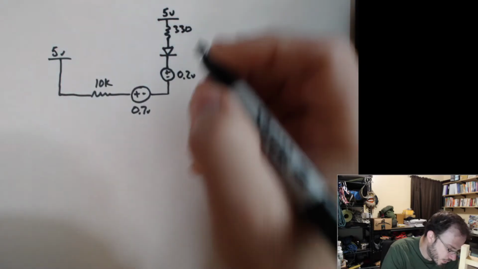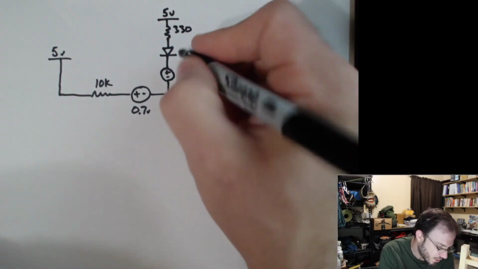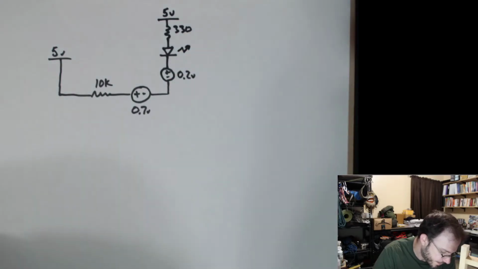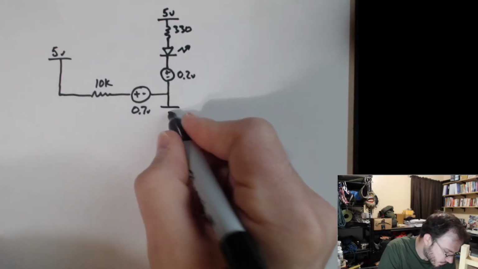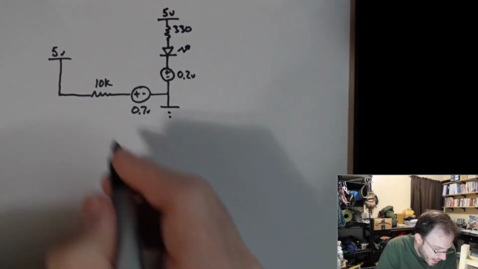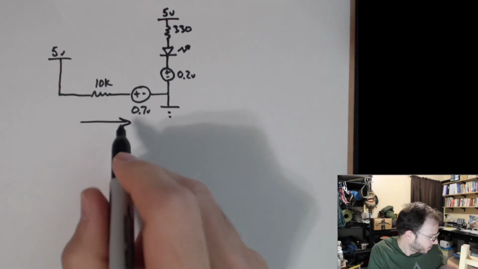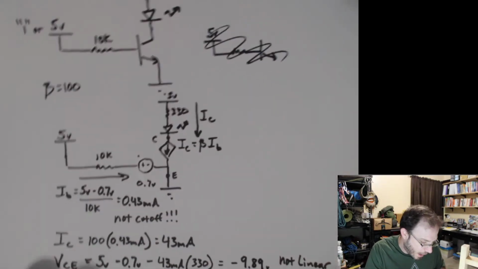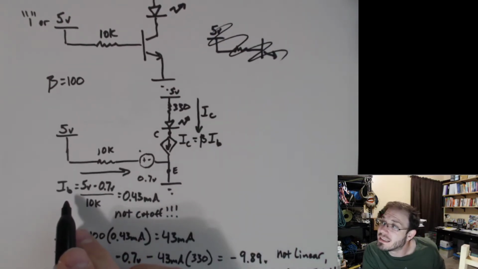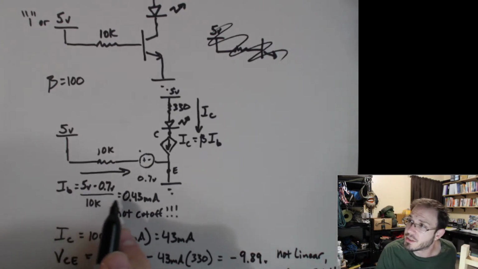Five volts applied to a 330 ohm resistor in series with our LED. And now, the base current didn't change. Our original calculation for the base current is still valid, so there's no need to resolve for this.